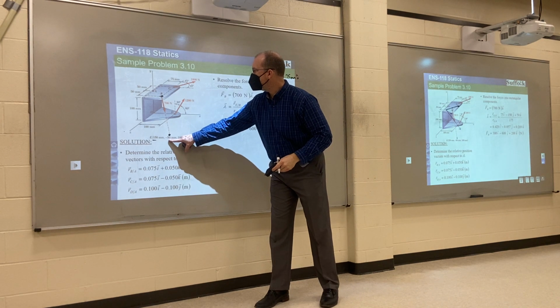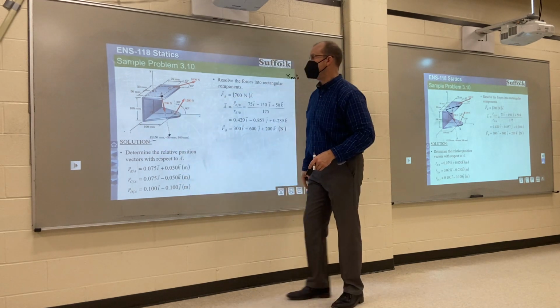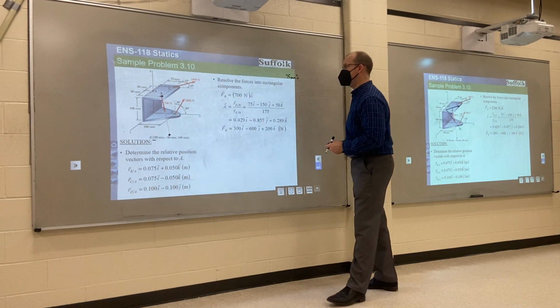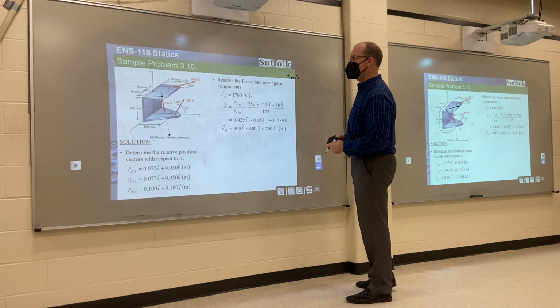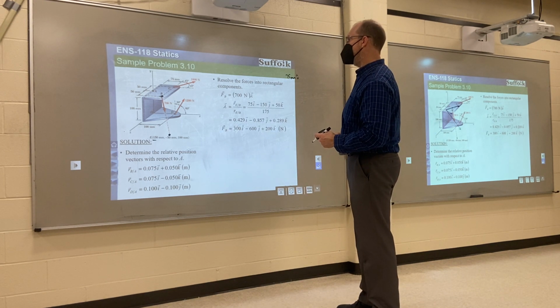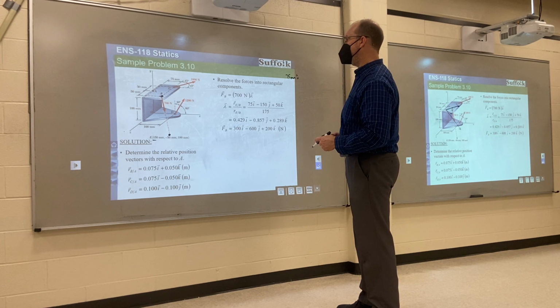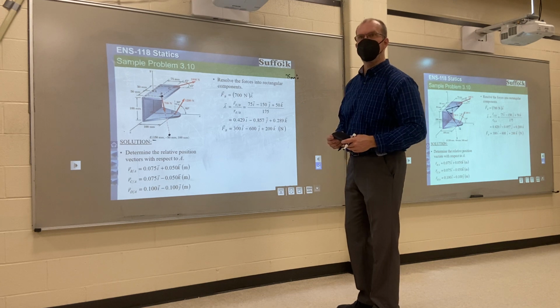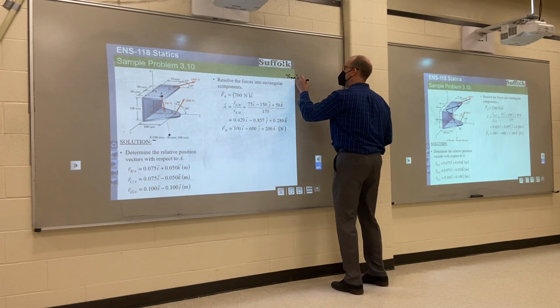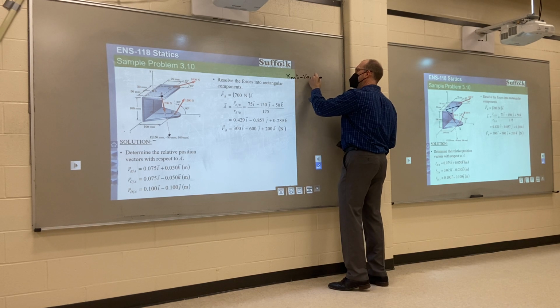Then y2 minus y1: negative 50 minus 100, so it's negative 150 millimeters J hat.